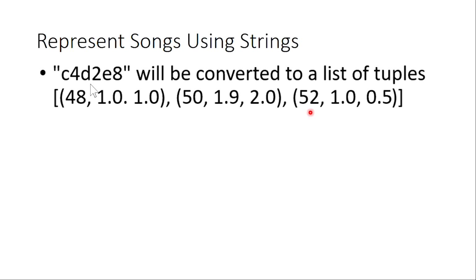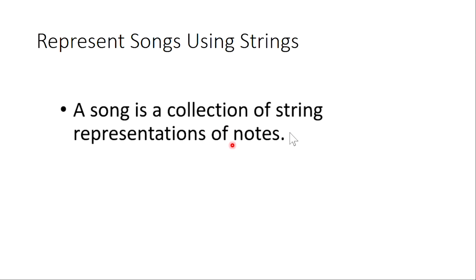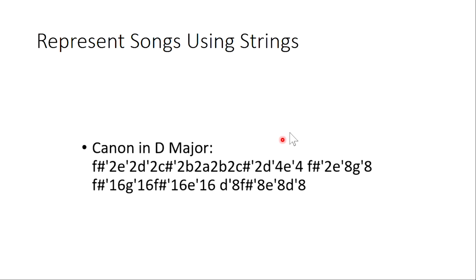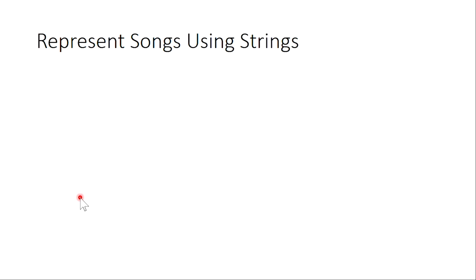And then E is 52, 1.0, 0.5. A song is a collection of string representations of notes. For example, the Canon in D major is represented by this string. We will convert it to notes and play it later.